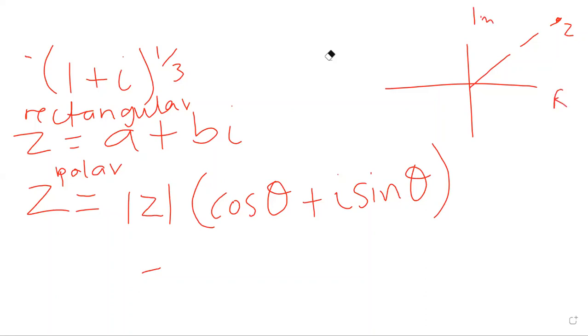The polar form just says: find the length of this. The length is called the modulus of z, and that's how we normally find the modulus.